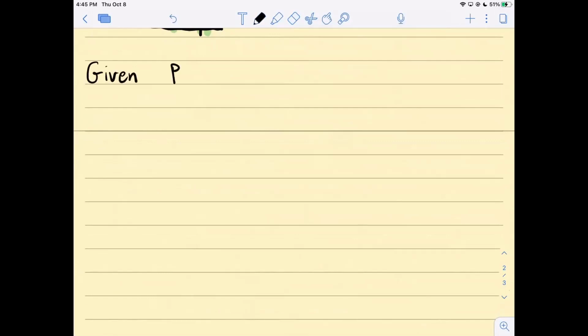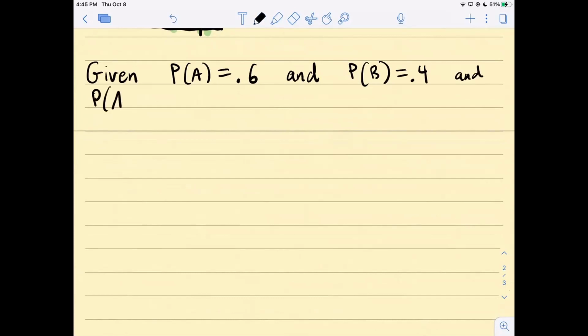Given that P of A is equal to 0.6 and P of B is equal to 0.4 and P of A union B is equal to, let me pick a different number.